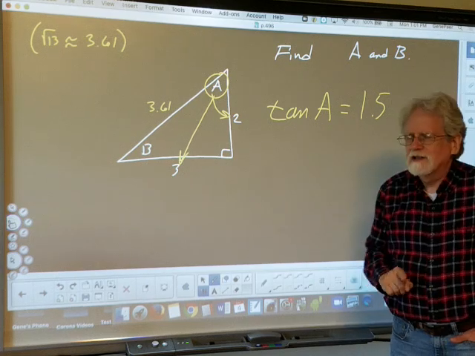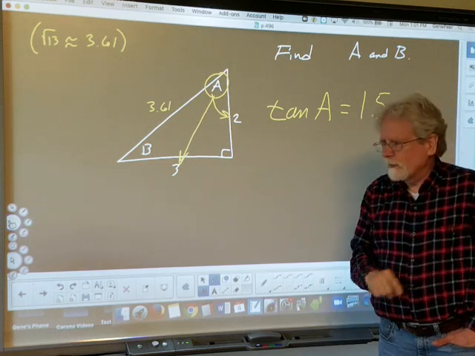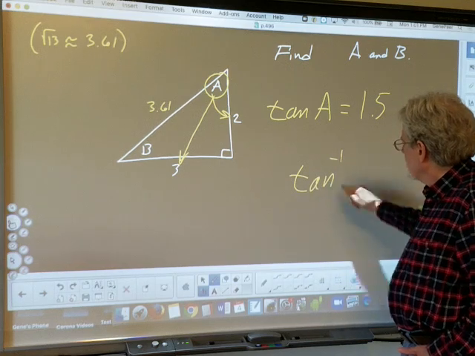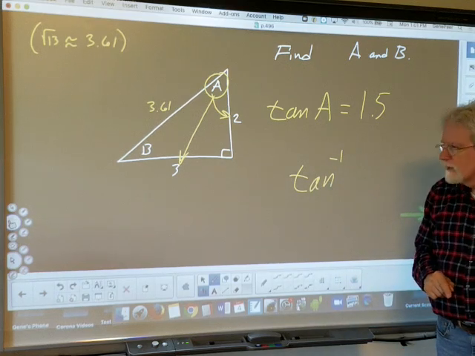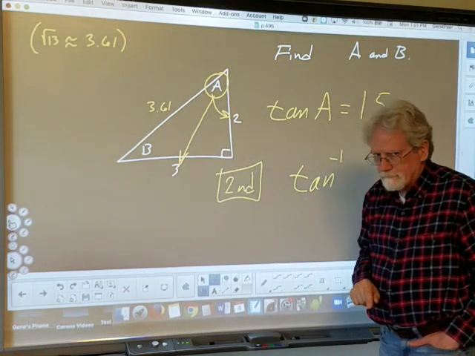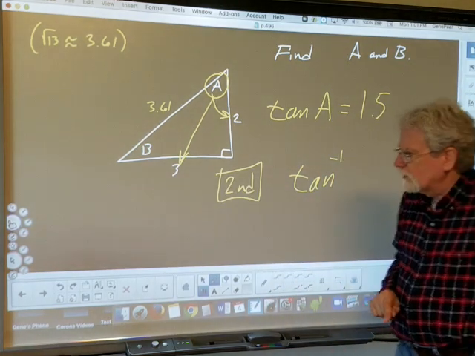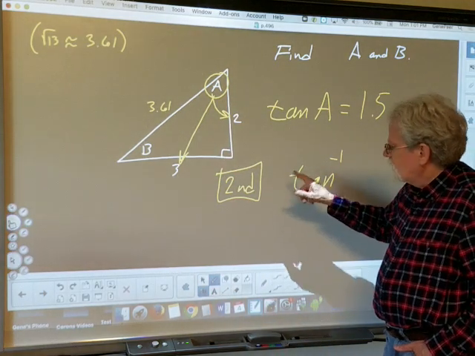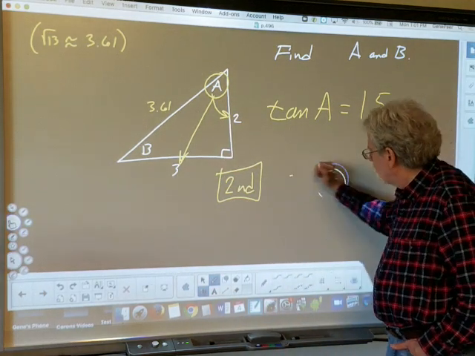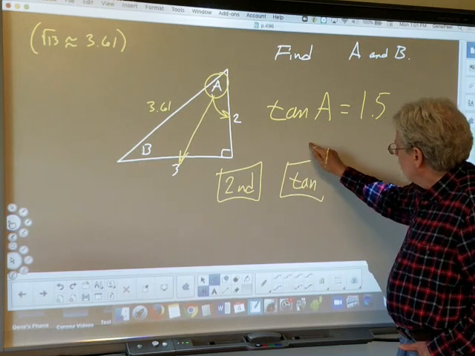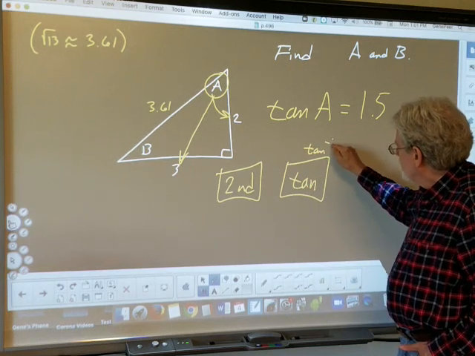but I don't know what angle gave me that tangent. So we go to the calculator and we use the inverse tangent key. You'll hit your second function key, it's yellow on the TI-83, and then you'll hit the tangent key, because printed above it, it says tangent to the -1.